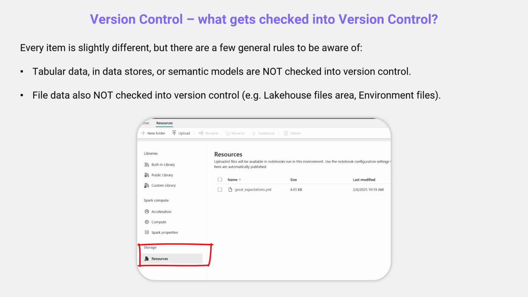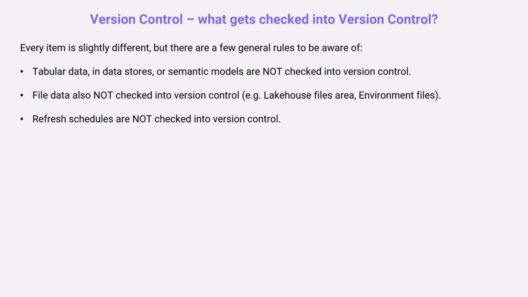Stuff you put even in an environment resource folder, so files, you can actually add individual files into an environment resource folder, will also not get checked into version control. Refresh schedules do not get checked into version control either. So if you've got a data pipeline in your test environment with a schedule, or in your development environment, and you check that into version control, well, there's no actual representation of that schedule in version control, okay?